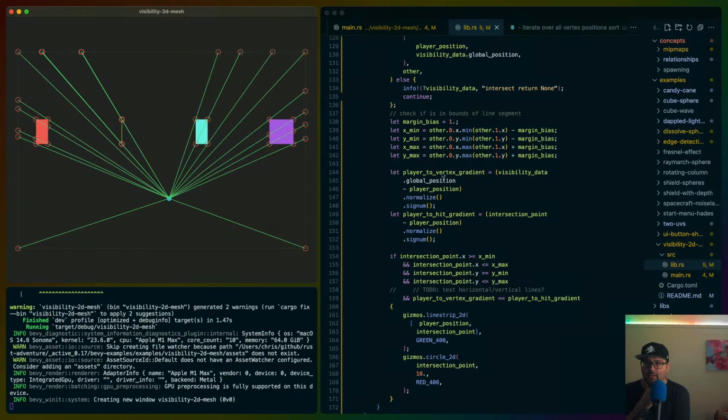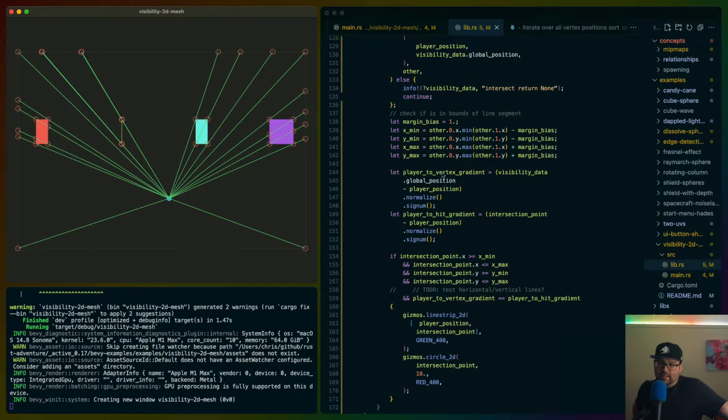Can we build a triangle for the deeper triangles as well? We have all the hit data. We can basically go from a current hit to both hits on either side of it. We go from the current hit to the previous hit, or I guess current hit to next hit.